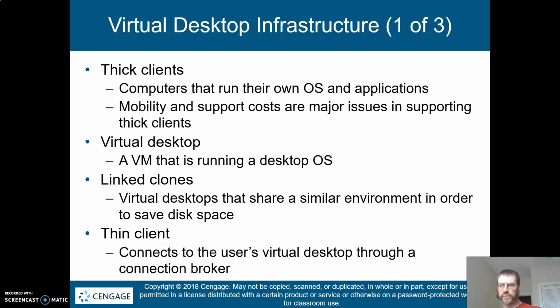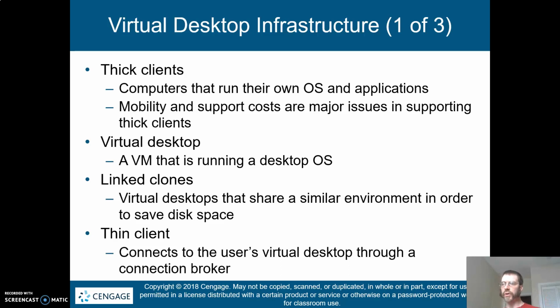With unlinked virtual desktops, all of your desktops are totally separate from each other. Even if they're practically identical, they're all going to be separately configured, separately stored, etc. That can take a lot of space.